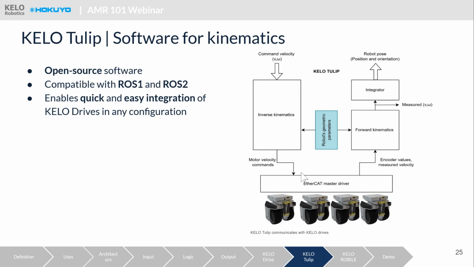It takes care of the communication with high frequency. And on the other hand, it reads all the encoder values, with the forward kinematic calculation and with the integrator calculates the odometry data, v omega, and also the pose of the robot. So the KELO Tulip here takes care of the communication, gives the command, and also gives back to you the odometry data.